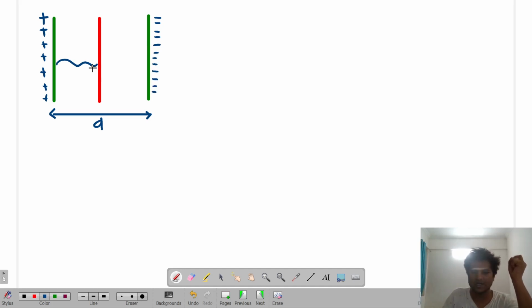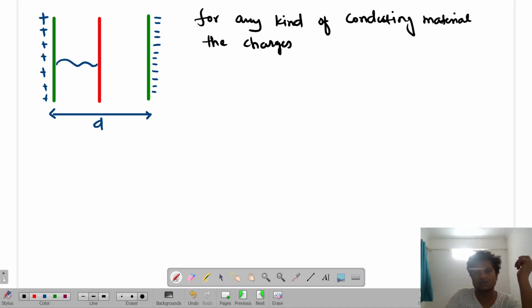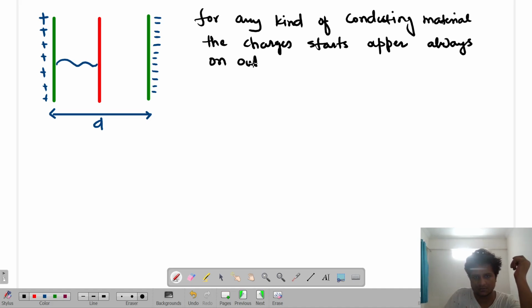So the point is, for any kind of conducting material, the charge starts to appear always on the outer surface, isn't it? So when you connect with wire, the outer surface is this one or not. So basically this one will become the positive charge.